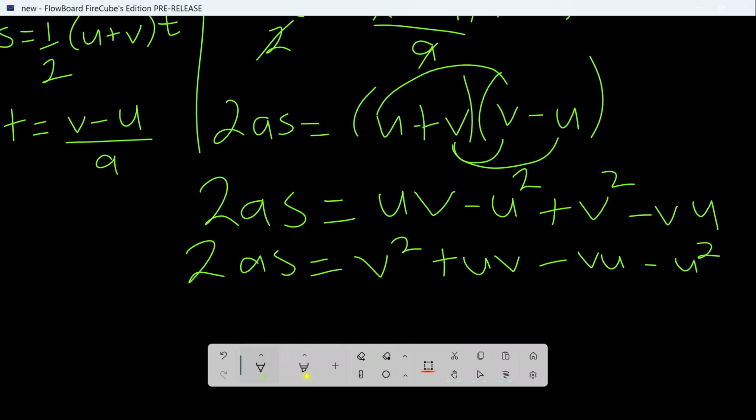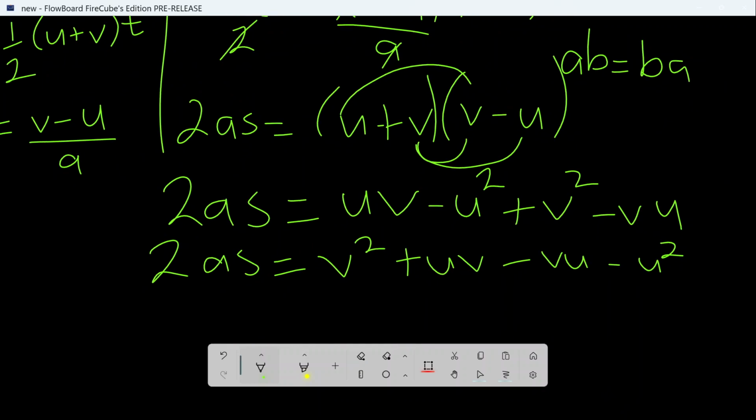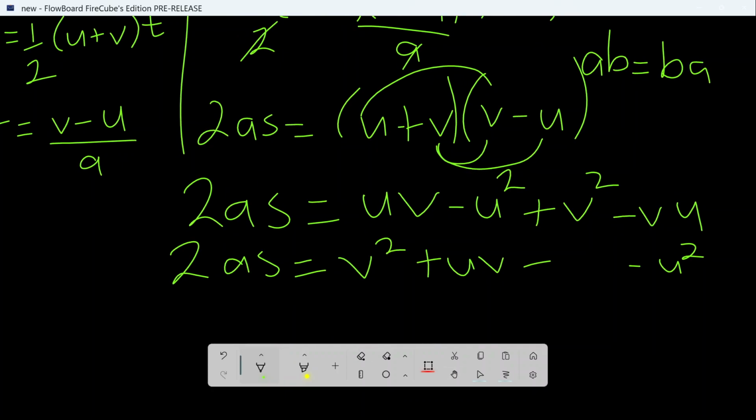Now since multiplication is commutative, and that just means a times b is the same thing as b times a, that means if we have vu, we can actually rewrite that as uv. And when we have uv minus uv, this just cancels out. So now what are we left with? We're left with 2as is equal to v squared, and then there's the minus u squared there at the end.